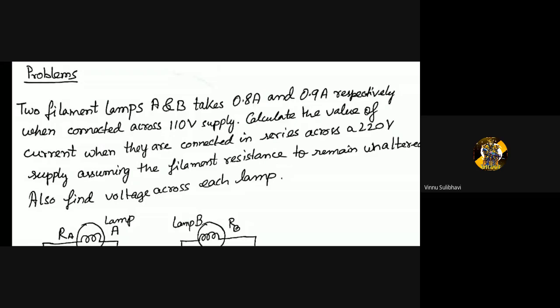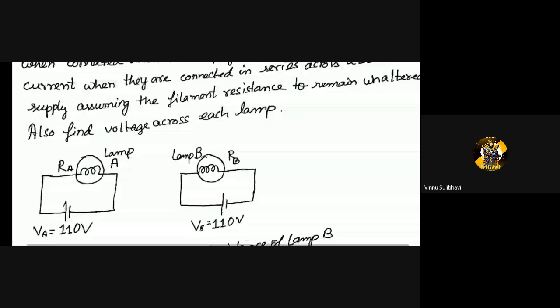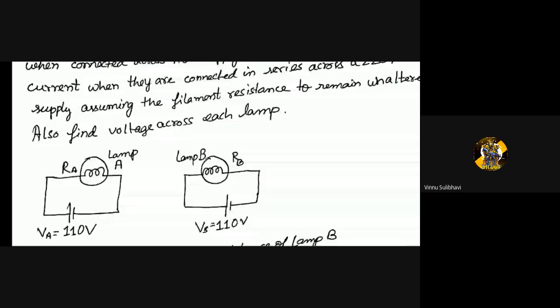So if RA and RB are found with the first statement only, now draw another diagram just like this diagram I have drawn, for separate cases of RA and RB, the two lamps A and B. Now connect RA and RB in series with the voltage stated to be 220 volt.